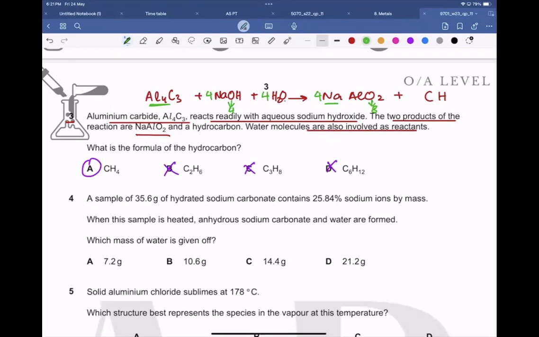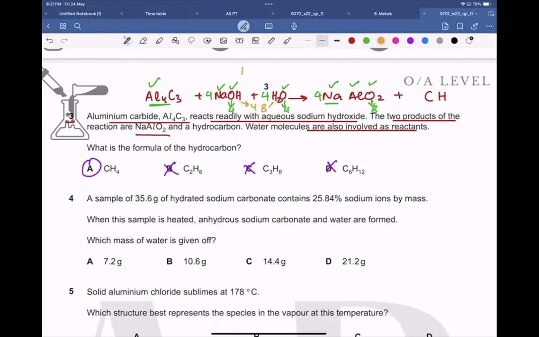Now, 4 oxygens over here, so the oxygens are also balanced. If you see, we are balanced with aluminium, sodium, and oxygen. Now carbon and hydrogen are left, right? If you count the hydrogens, see, 4 hydrogens over here and 8 hydrogens over here.